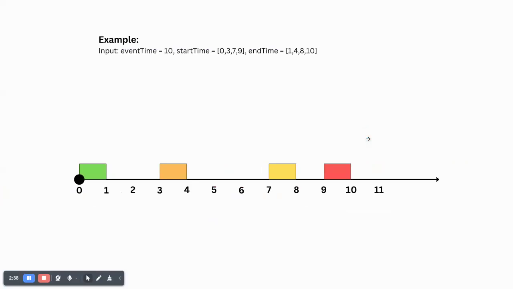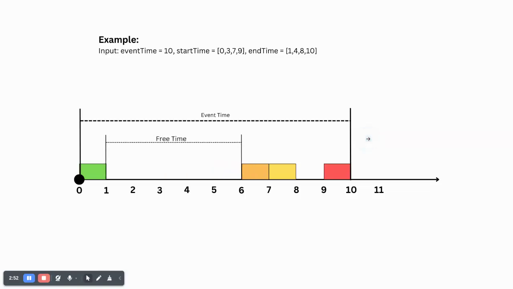Let's see the problem further with a different example. We have 4 meetings, and our event time is 10. If we want to solve the problem, we can slide the meeting to the right.